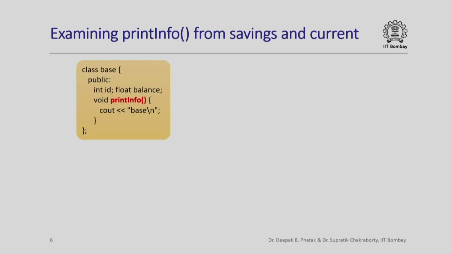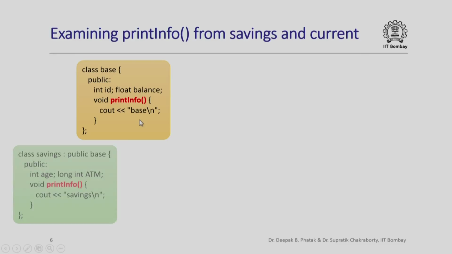Now let us also look at the printinfo function from the savings and current bank accounts that we had seen in an earlier lecture. So here was the base bank account class which had two data members, ID and balance, and let us say this was the method printinfo. It is a public method in the base class, and this just prints out base followed by a new line.